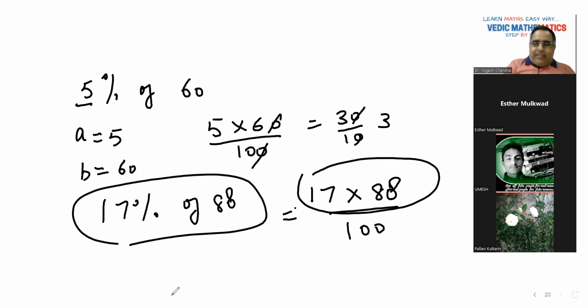Yes, Umesh. So this is all in this topic. आप इसमें जितने मर्जी क्वेश्चंस कर सकते हैं. The only thing is now you need to apply for multiplication. You can apply Urdhva Sutra.